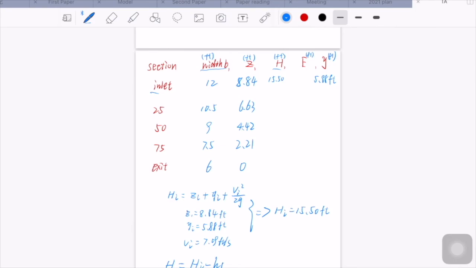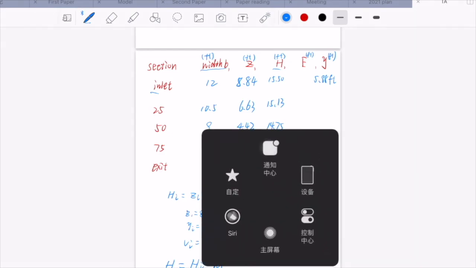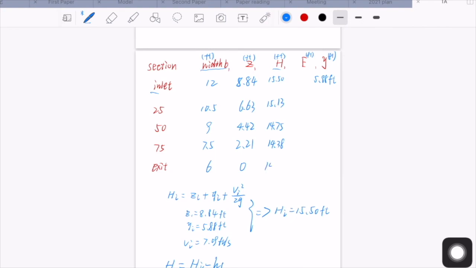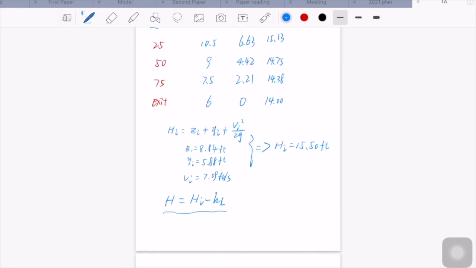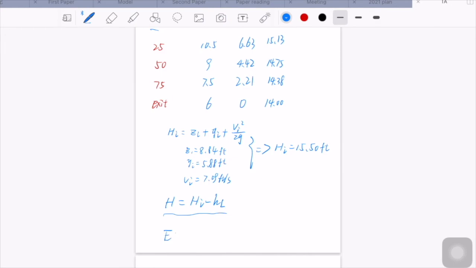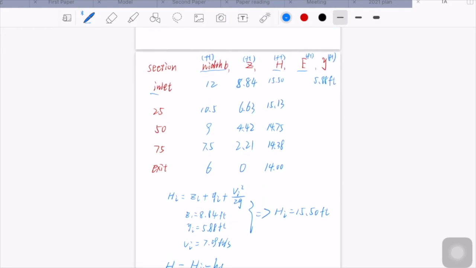So they are 15.13 feet, 14.5 feet, 14.38 feet, and 14 feet.